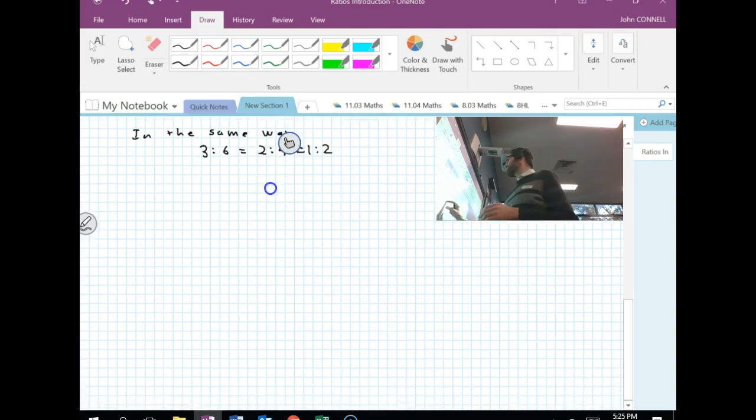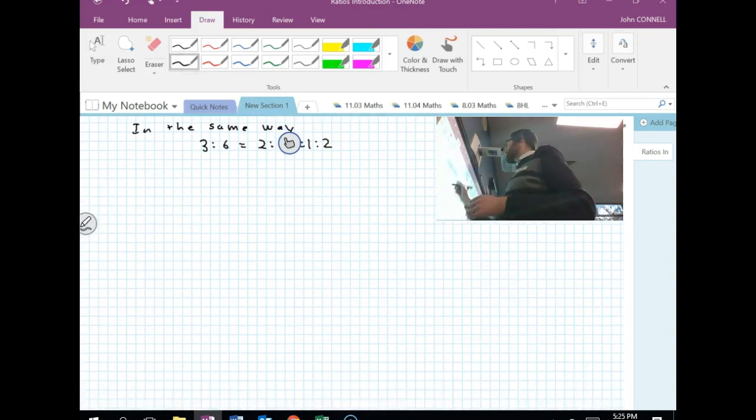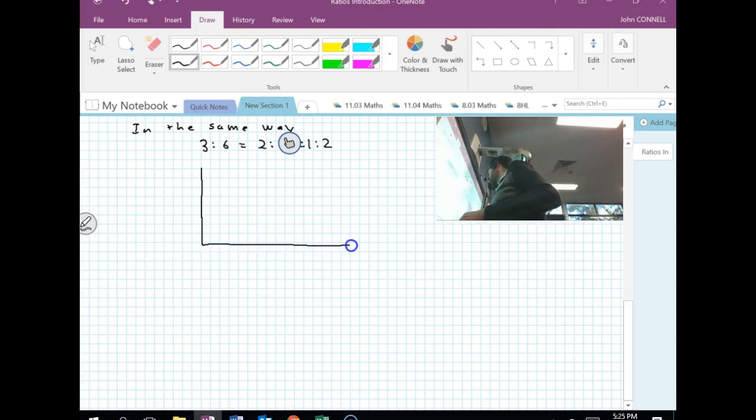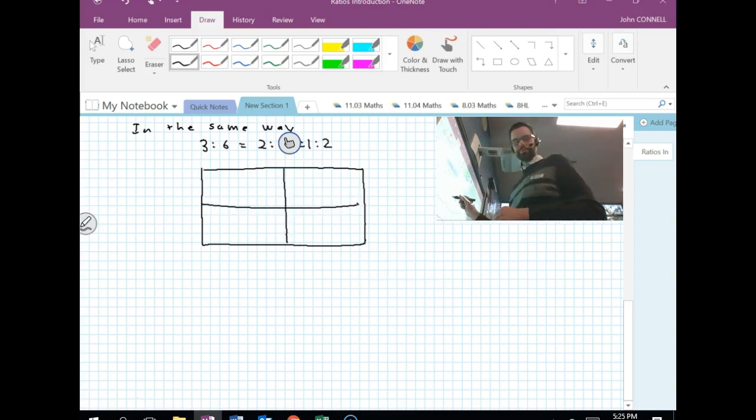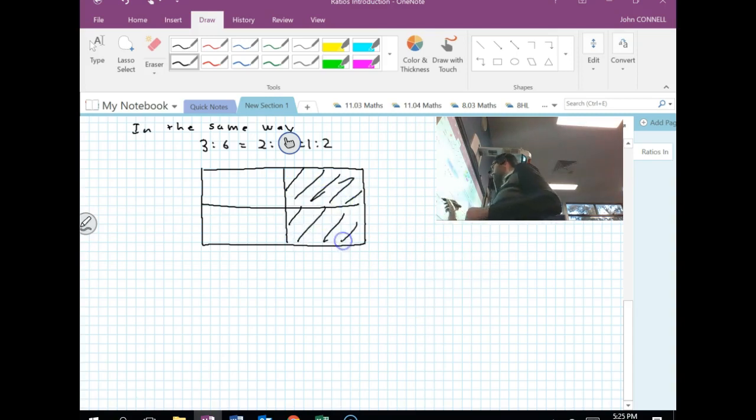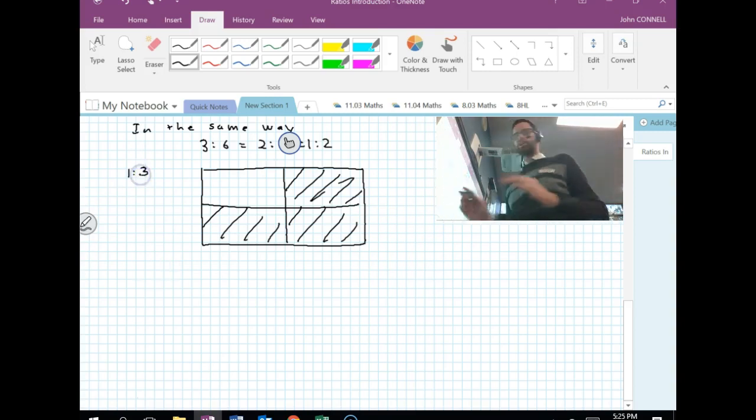For example, if I take this diagram that I drew before of my rectangle, and split it into 4 and color 3 sections, well, in black, that's the ratio of 1 is to 3. So the unshaded is 1 and there are 3 shaded parts.